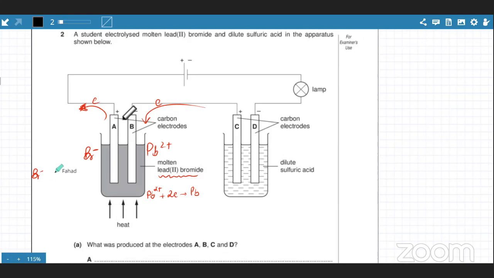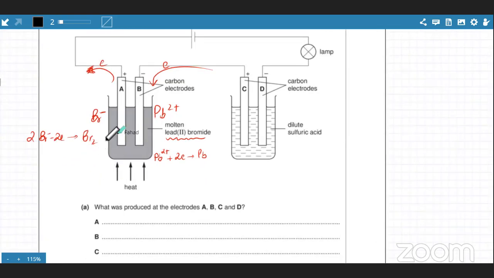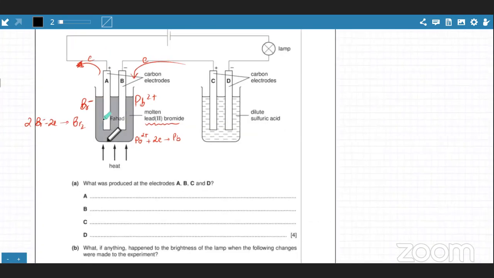Remember, group 17, group 7, is all diatomic. So I'm going to double it. It's going to lose two electrons to form a Br2 molecule. Two bromine atoms are produced, and because they exist in a diatomic state, they form a molecule of Br2. So option A is Br2, and option B is lead.